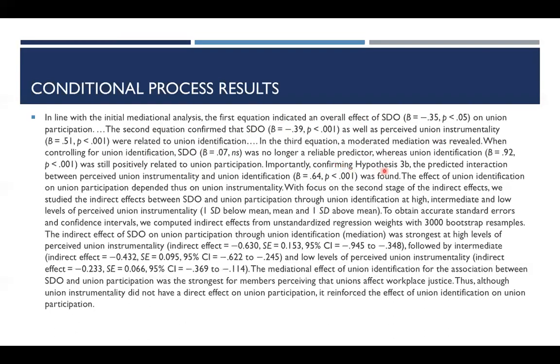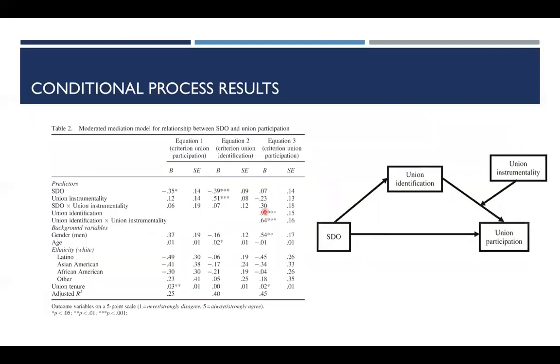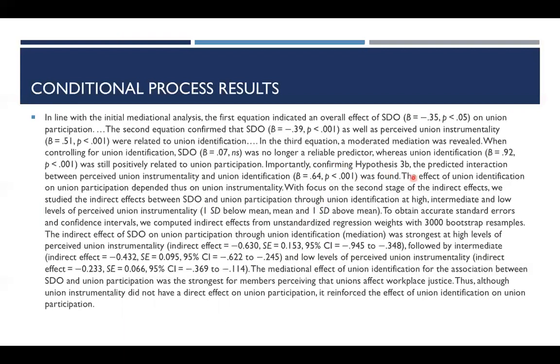Importantly, confirming hypothesis 3b, the predicted interaction between union instrumentality and union identification was found. So there's the interaction term. 0.64 here, 0.64 here. The effect of union identification on union participation thus depended on union instrumentality.